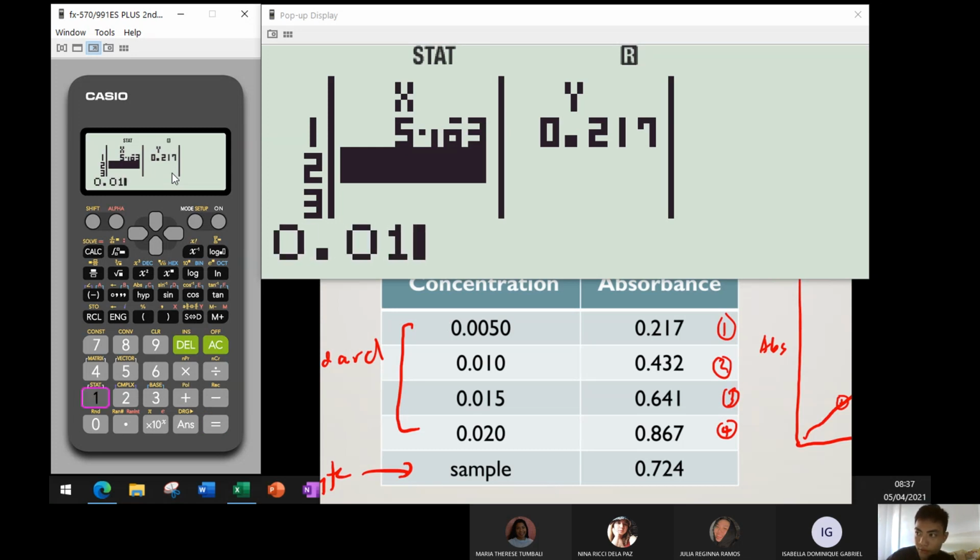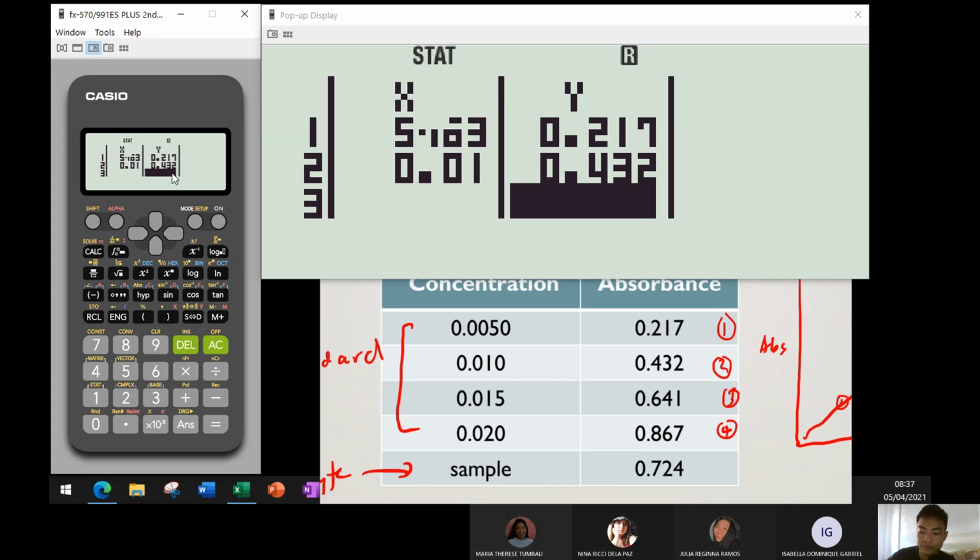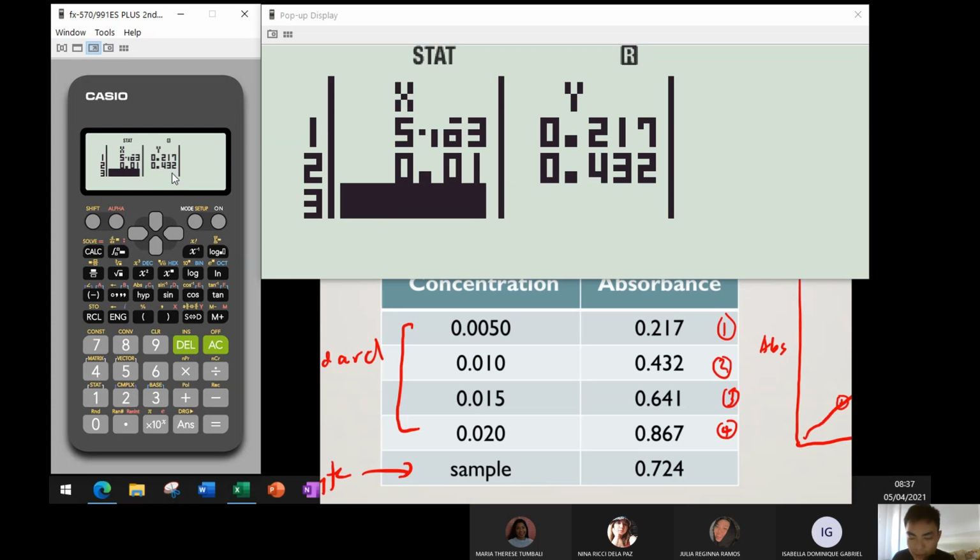Followed by 0.01. Ang absorbance niya ay 0.432. Tuloy nyo yan hanggang sa baba. Okay? So, tuloy nyo lang kung ginagawa nyo na siya ngayon. Later on naman, mag-Excel tayo.